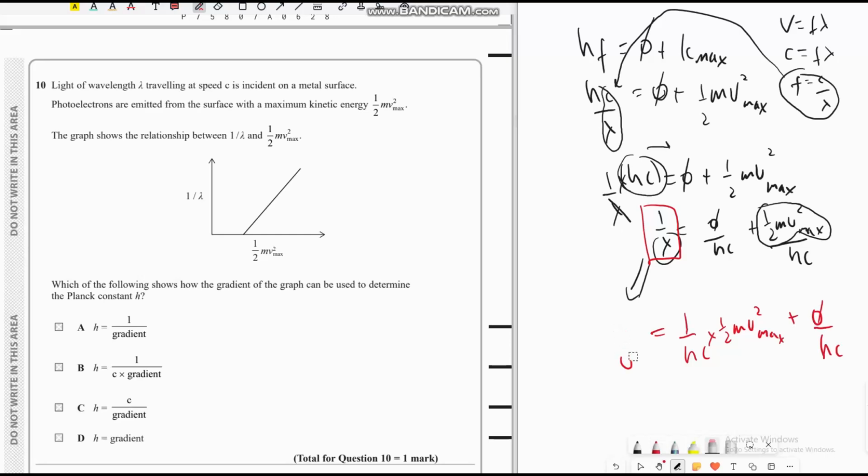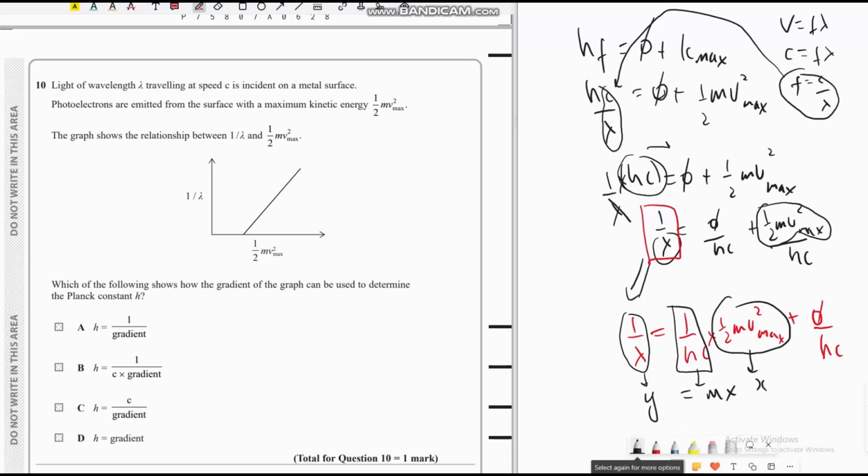We'll write this as 1 over lambda as it is. 1 over lambda I'll take to the y-axis, and half m v squared is on the x-axis. So 1 over hc will be just the gradient, and phi over hc will be the intercept.